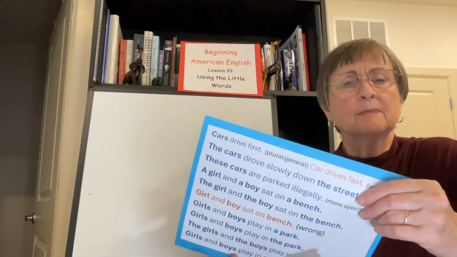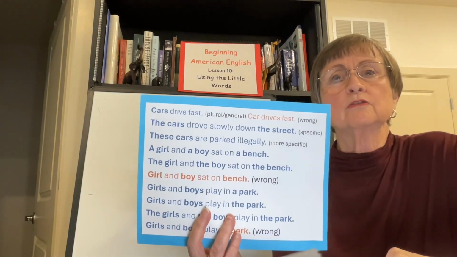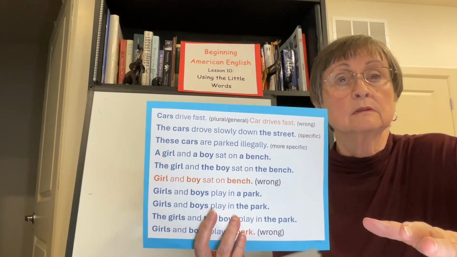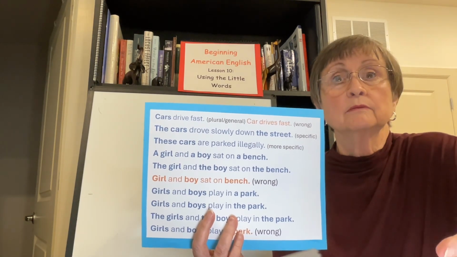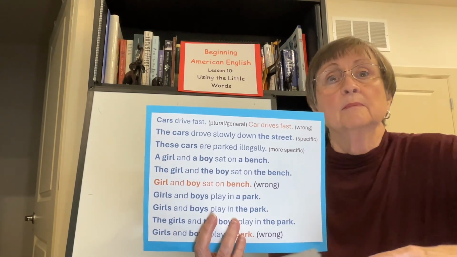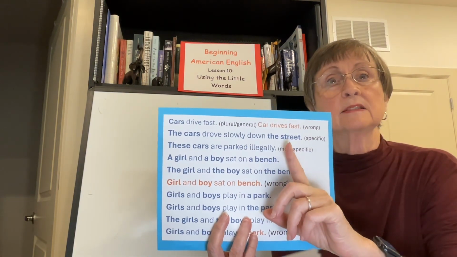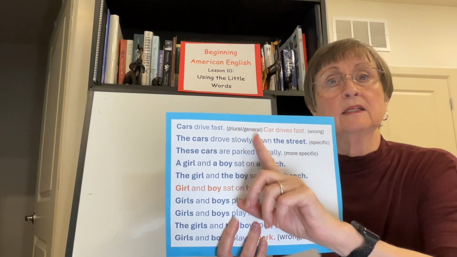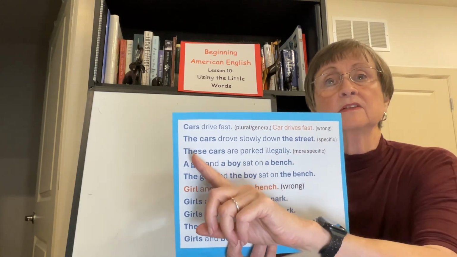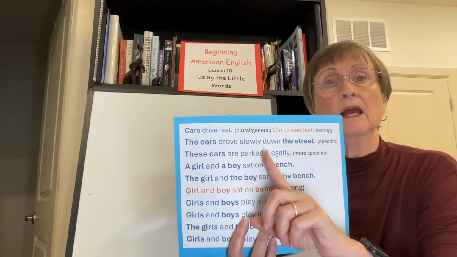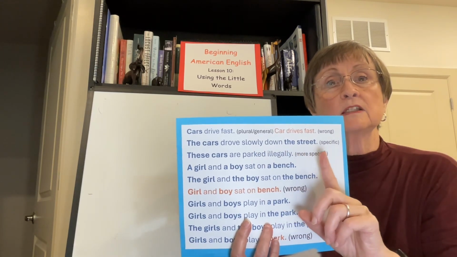Okay, a few more examples. Cars drive fast. That's all cars that we know of drive fast. But I cannot say car drives fast. That's just one car. It needs something. I can say the cars drove slowly down the street. That's specific.